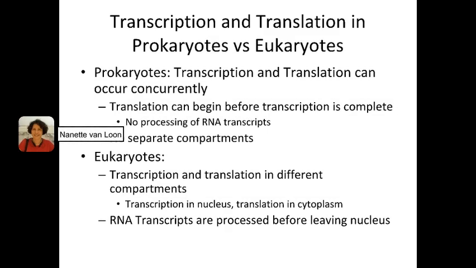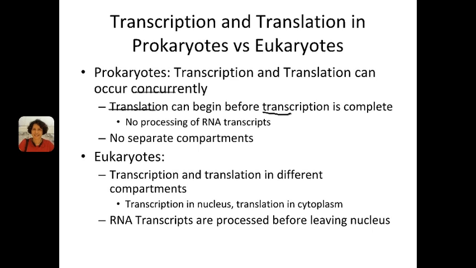Transcription and translation are two very important and basic processes that happen in both prokaryotic and eukaryotic organisms. In prokaryotes, in other words in bacteria, transcription and translation can happen basically at the same time, concurrently. So the process of translation can begin before transcription has even finished.